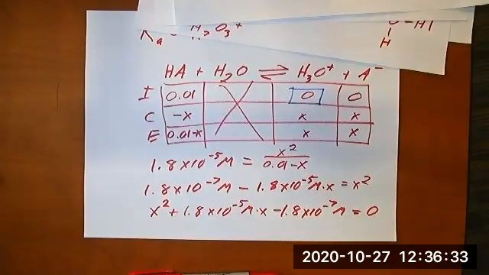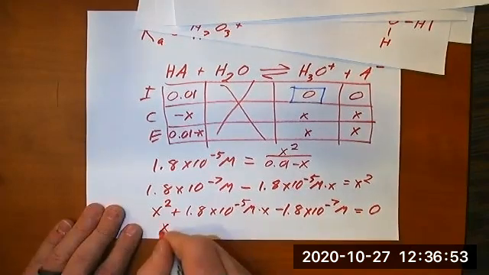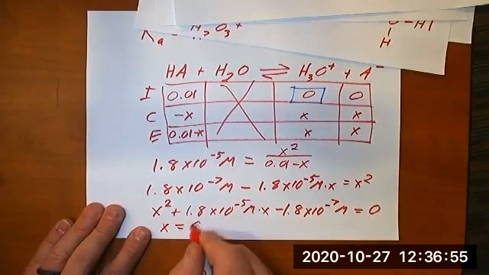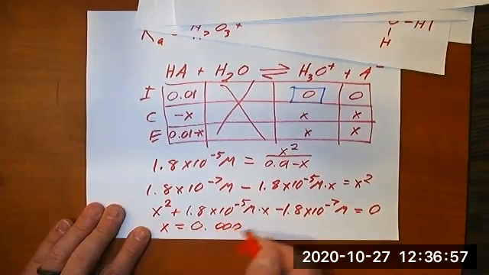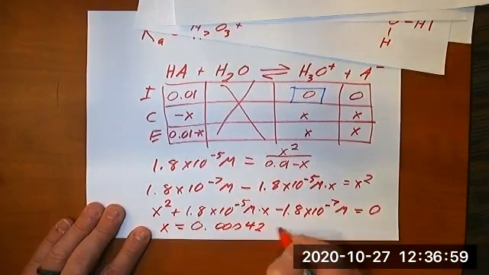We would put in as A, 1, as B, 1.8 times 10 to the negative 5, and our C is negative 1.8 times 10 to the negative 7. Calculate the answer. Only one of the two roots is positive, and we get 0.00042 molar.